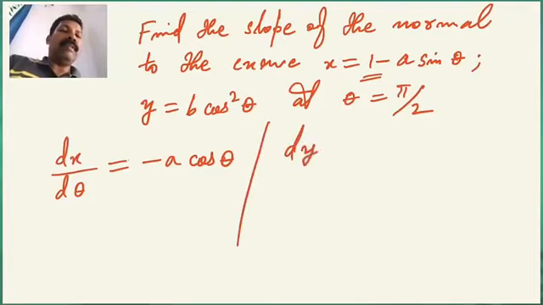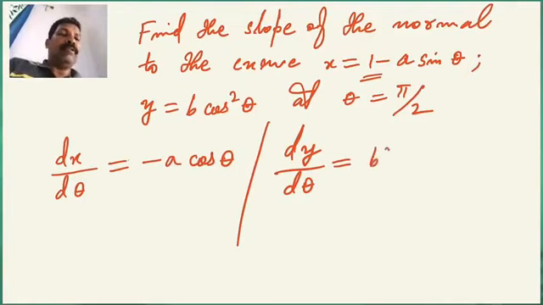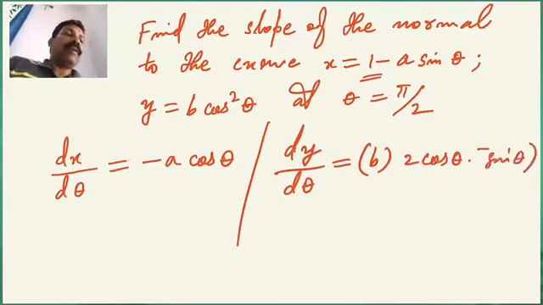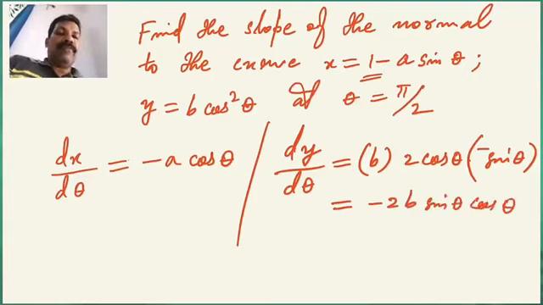Then we have to find dy by d theta. That is b into, cos square means 2 cos theta, then into negative sin theta. We are applying the chain rule here. So that is negative 2b sin theta cos theta.